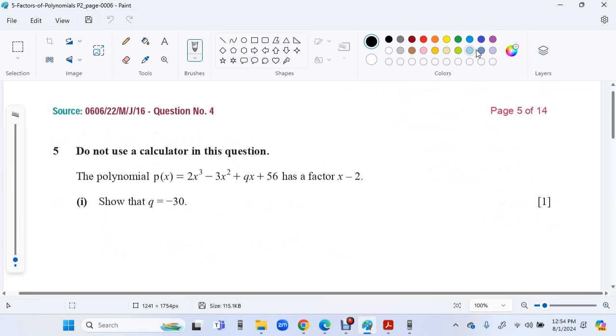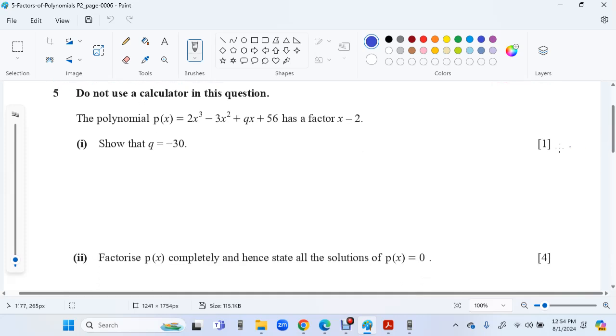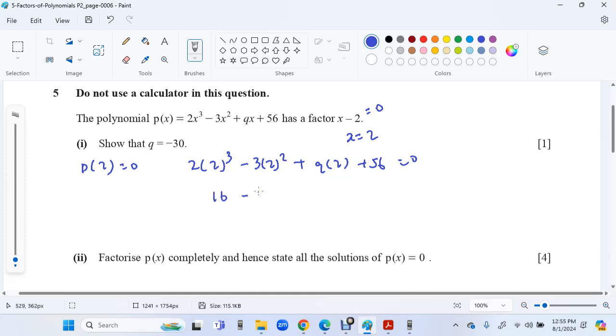So question number 5. Do not use a calculator for this question. If x minus 2 is a factor, then x equals 2. So we have P(2) equal to 0. So we have 2 cubed minus 2 squared plus Q times 2 plus 56 equal to 0. Then we have 16 minus 12 plus 2Q plus 56 equal to 0.